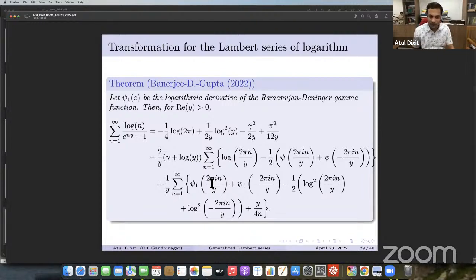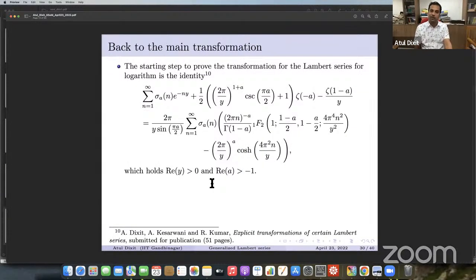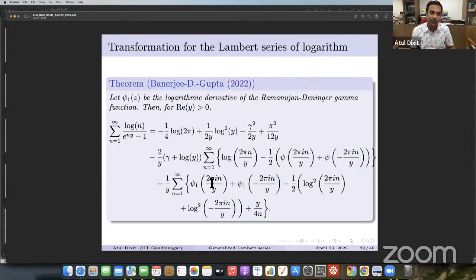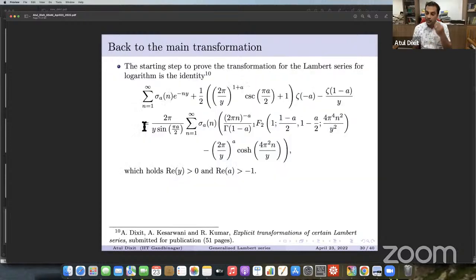So while I won't be able to go into the proof of this, I do want to say what all one gets with the help of that and where this is coming from. So again, it comes back to something that I introduced in the beginning. There was no means of having a log n up to now because the Lambert series corresponding to n to the power a, which is essentially this series, right?